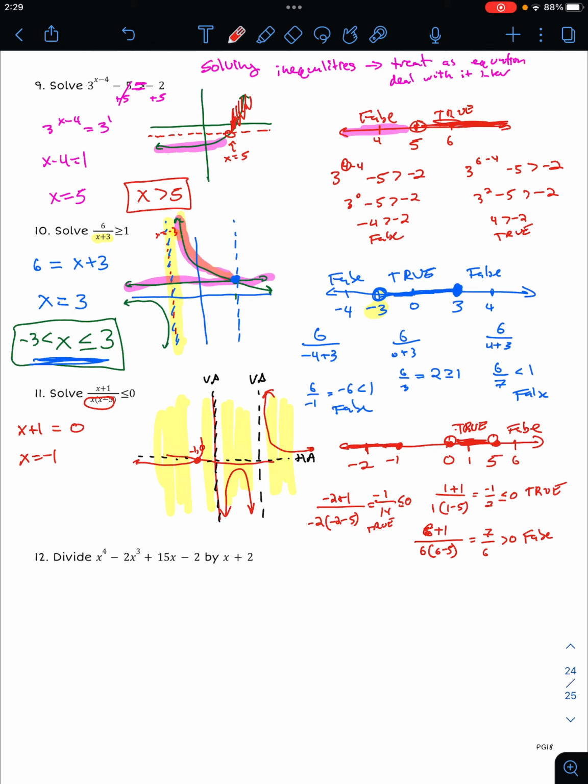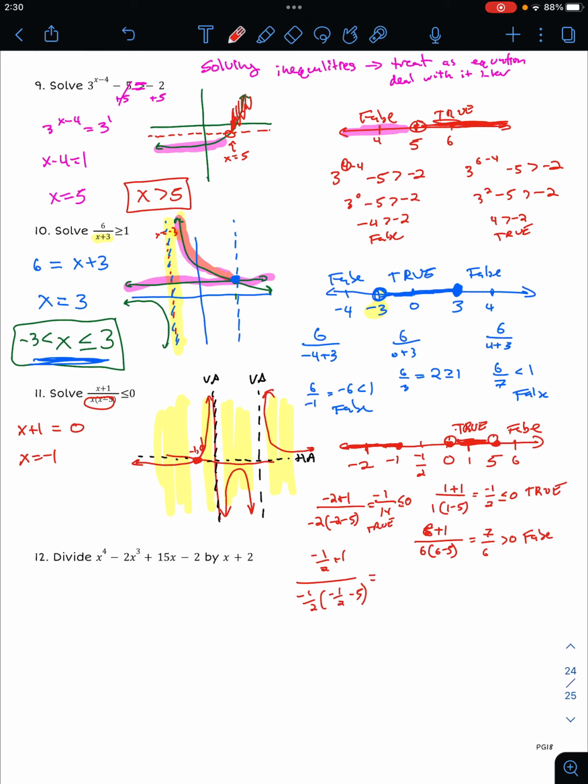We approach it like that, and this region is going to be positive because I cross through this x-intercept of negative 1, 0, and I don't come back ever. So I know I'm shooting off to infinity, but just to prove it to you, I could do negative 1/2. So negative 1/2 plus 1 over negative 1/2 times negative 1/2 minus 5.